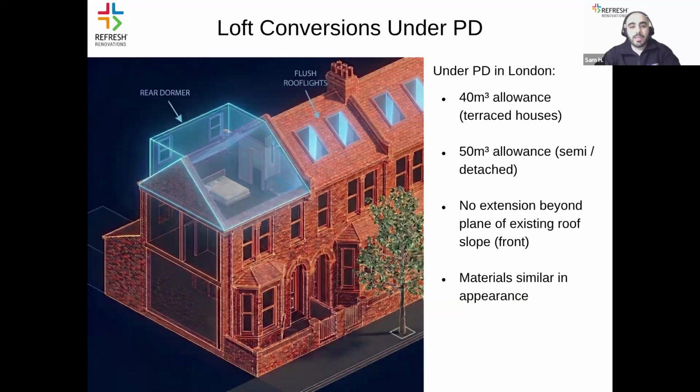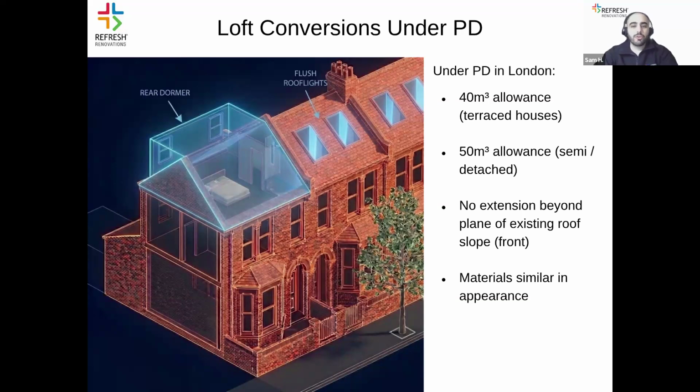So permitted development limits the volume for lofts to 40 cubic meters for terraced homes and 50 cubic meters for semi-detached or detached homes. In terms of location of the loft, front roof extensions are generally not allowed beyond the existing roof slope, especially where they overlook the highway or a main street.